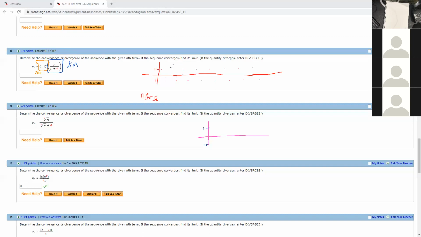But is it this kind of alternating, or is it the type where it's getting closer and closer to one single number? And for it to be getting closer and closer to one single number, it has to be getting closer to 0 like that. So let's find out then, what is the limit of just this part? n over n plus 4.